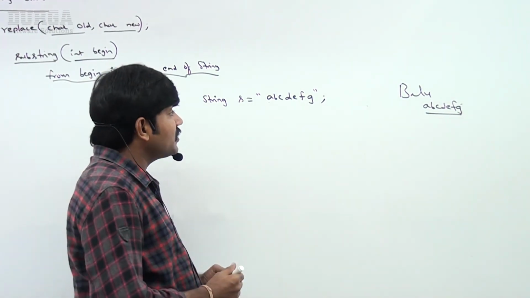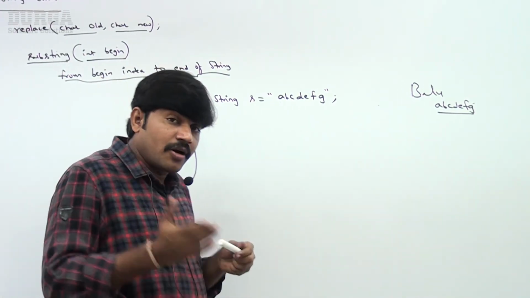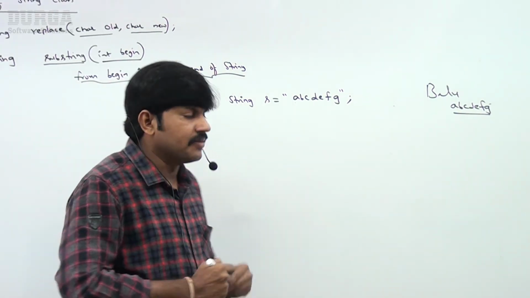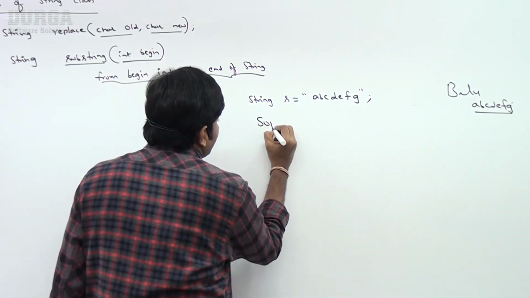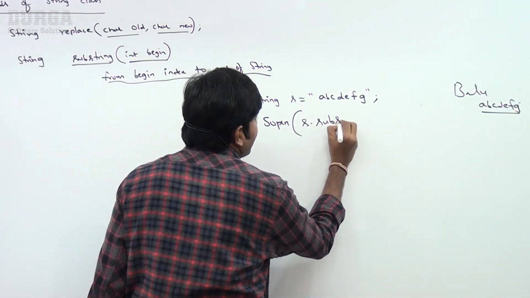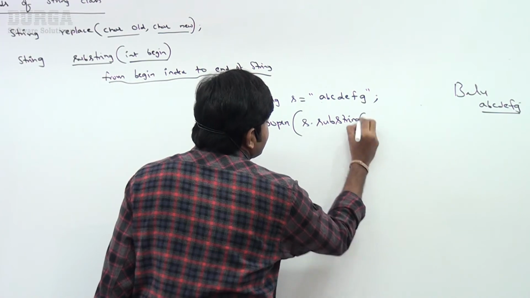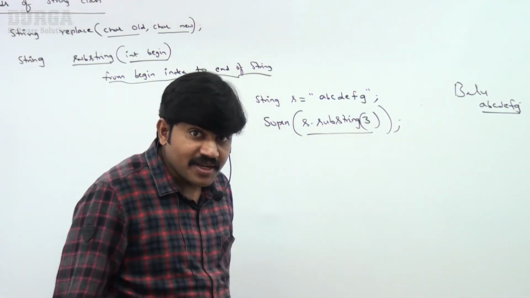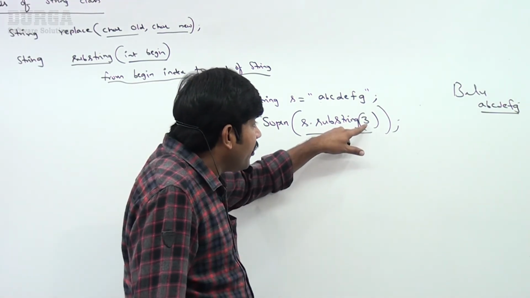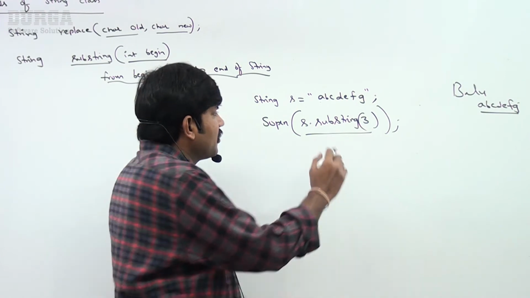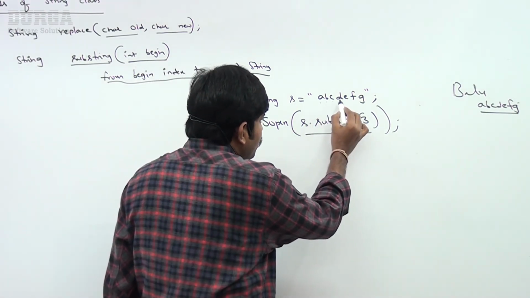Now my requirement is, from the third index onwards until the end of the string, I want a substring. System.out.println(s.substring(3)). From the third index to the end of the string: 0, 1, 2, 3.